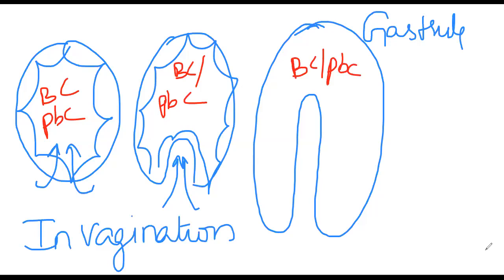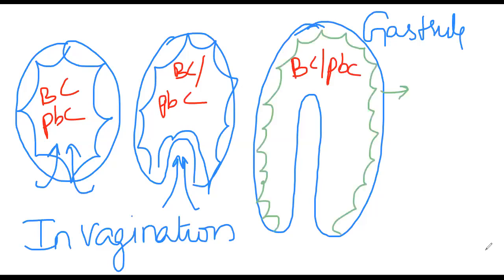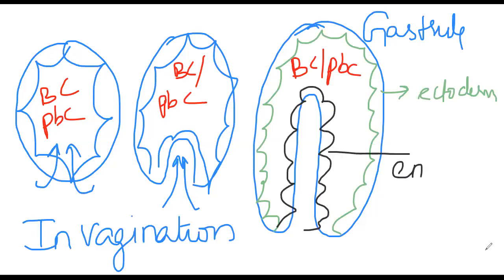One is the outer layer, which we term the ectoderm. Then the inner layer, which we term the endoderm. Outer layer ectoderm, inner layer endoderm.